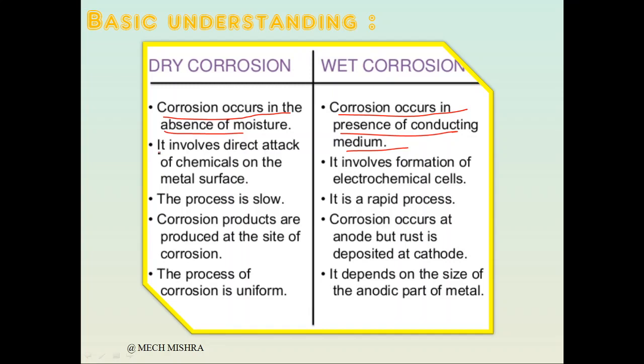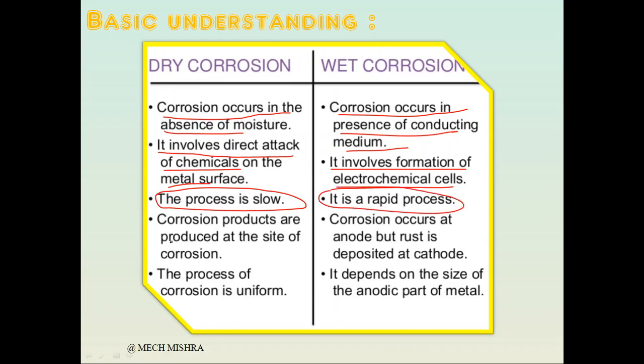Then dry corrosion involves direct attack of chemical on the metal surface, while wet corrosion involves the formation of an electrochemical cell. So here there will be formation of anode and cathode. However, in dry corrosion there will not be any cathode and anode, it will directly attack and react with the metal. So the dry corrosion process is slow and the wet corrosion process is very rapid.